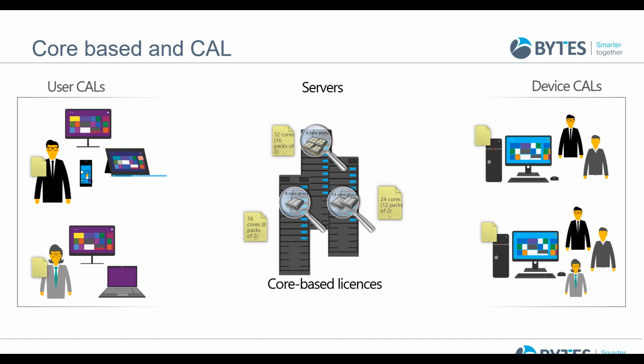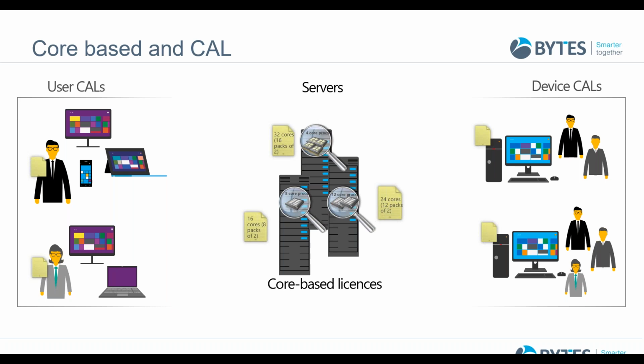On the left-hand side, we're looking at user CALs and where user CALs would be, I guess, more cost-effective from a commercial point of view. So if a user has, in that top scenario, 3 devices that all link to your on-premise server, it is going to be more cost-effective to license that user with a CAL rather than every single device that user has.